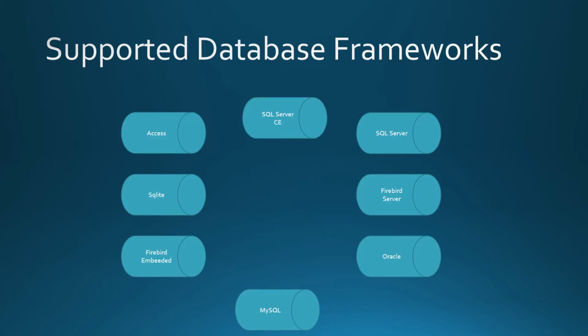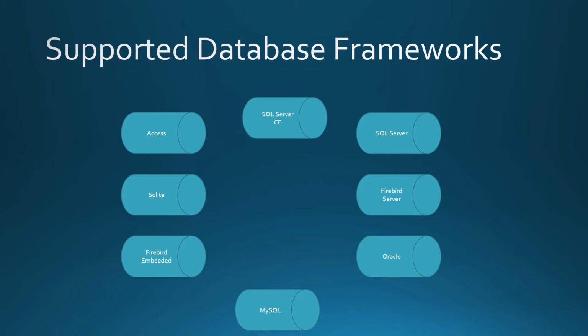Probably one of the most confusing things about using WRDB to a lot of people is the supported database frameworks. And WRDB is the same no matter which one of these frameworks is used, but it's specific to that database type. So if you're a Microsoft Access person, if you pick an Access file structure for your WRDB project, you would be able to look at that data both in WRDB as well as Access.